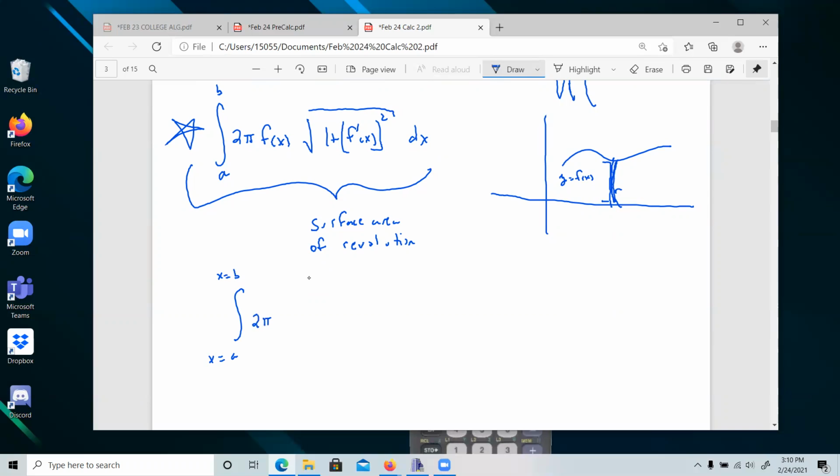We have 2 pi y times the square root of 1 plus dy by dx squared, and then we have a dx here. Means we are integrating with respect to x.